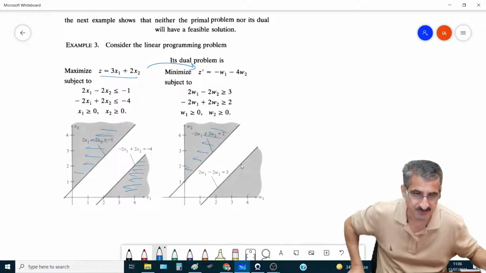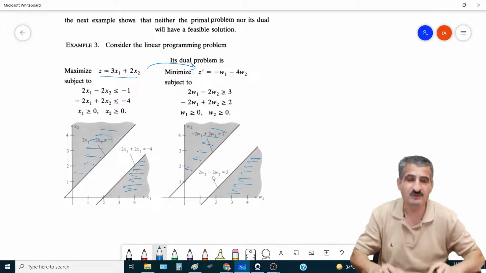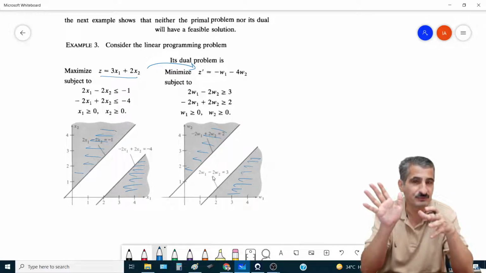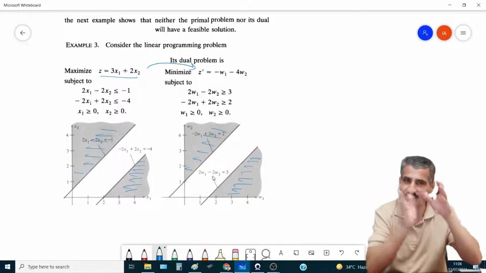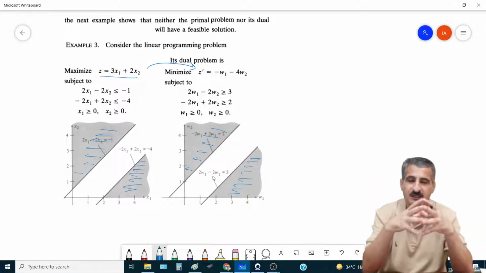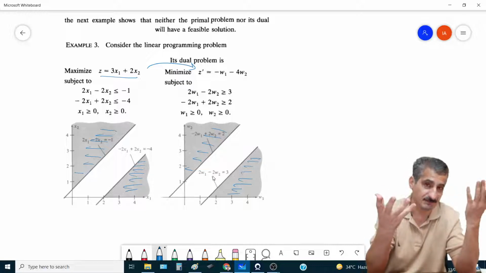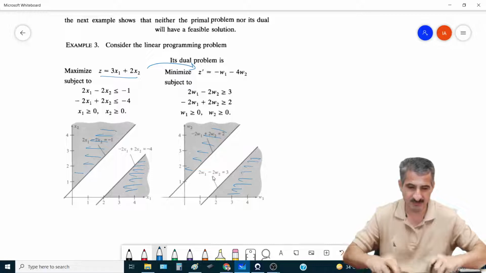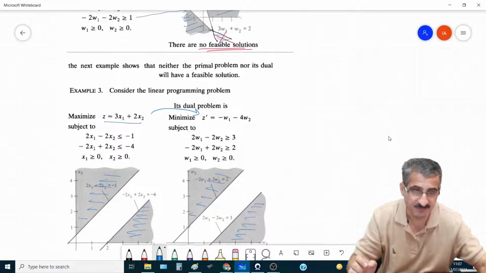There is no feasible solution again. This is not a coincidence. If one of the problems has no feasible solution, the other has no feasible solution. If the graph of one problem is this way, then the other graph will be the same way. If one of the problems has an optimal solution but it is unbounded, then the other problem will not have an optimal solution, or will not have a feasible solution either.